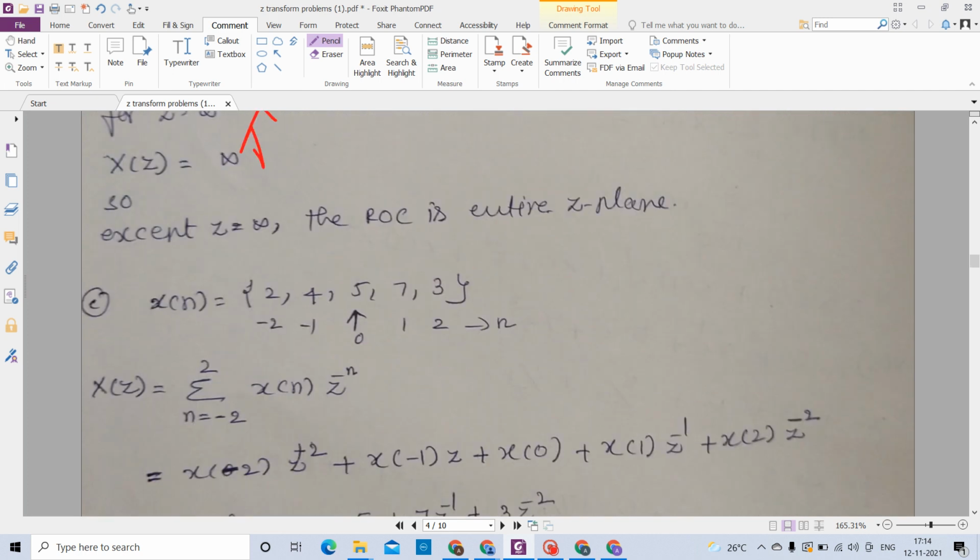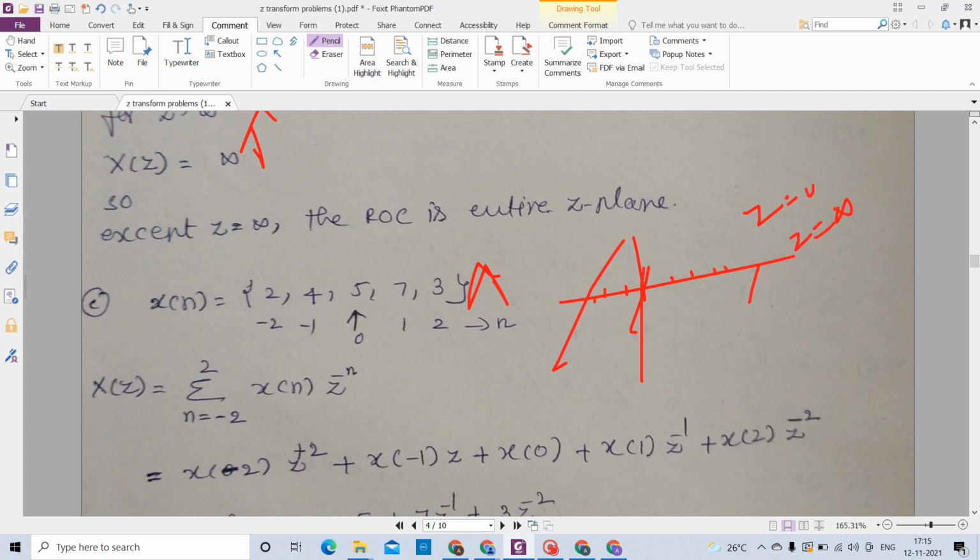The last sequence is a finite double-sided sequence. It is a non-causal signal, so the samples occupy both sides. The region of convergence is the entire Z plane except Z is equal to 0 and Z is equal to infinity.